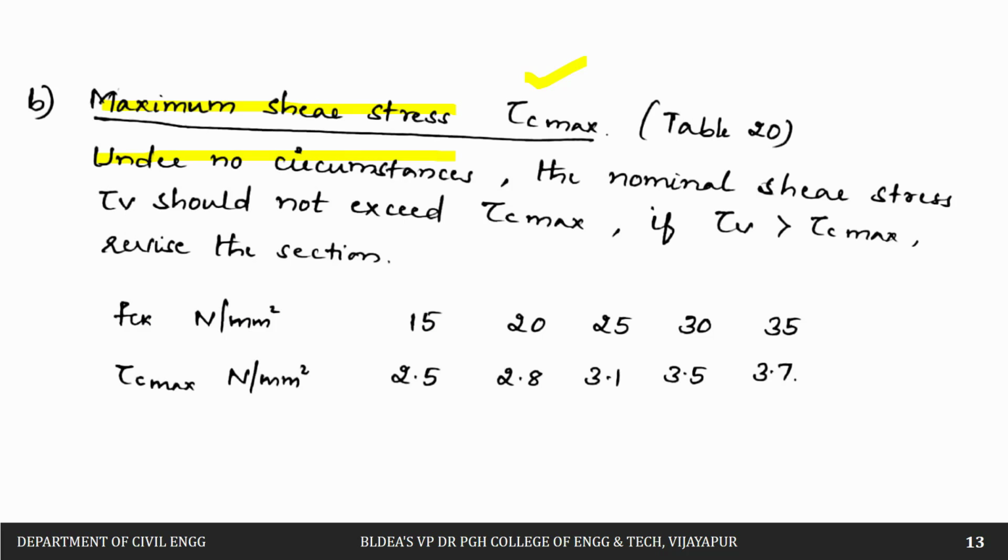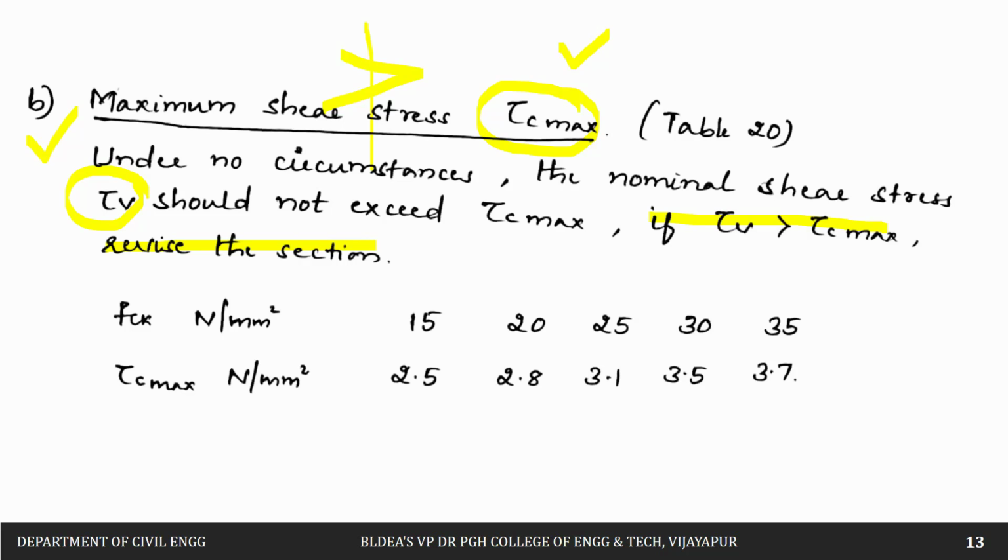Under no circumstances should the nominal shear stress tau v exceed tau c max. So we have this term, the maximum shear stress. The tau v, for which I showed the formula previously, should not be greater than tau c max. If tau v is greater than tau c max, we have to revise the section.